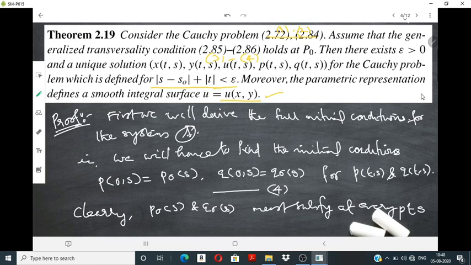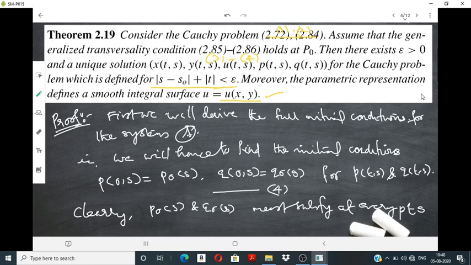And moreover, we can change the parameters from t, s to x, y such that the required integral surface is u equal to u of x, y. So for the Cauchy problem to have a unique solution, the condition is that it must satisfy the transversality condition.